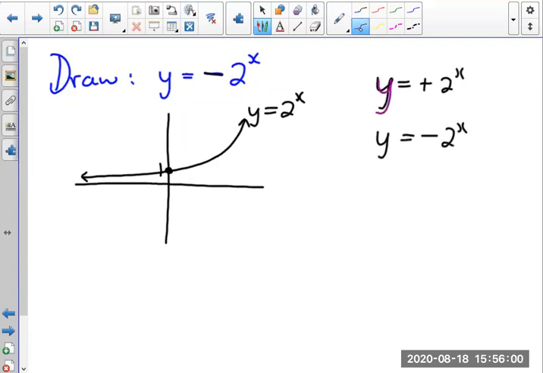The y values, now the y values is like your thumb, because your thumb is now at the positive y values. That means your y values changed from positive to negative. And what does that mean? You have a reflection in the x-axis.